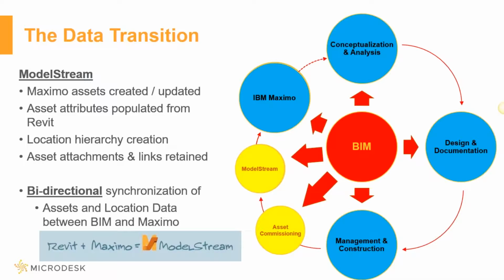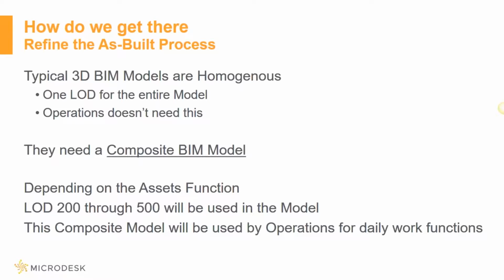So the as-built process itself is, again, that's another one of those transition periods that we talked about before. We have to change the way we look at the as-built process a little bit. The typical 3D BIM models are very homogeneous. You know, there's one level of detail that's typically applied to the entire model, and so you would have, you know, an architecturally LOD 400, 500 model with all of the details in it applied to every single piece of equipment.